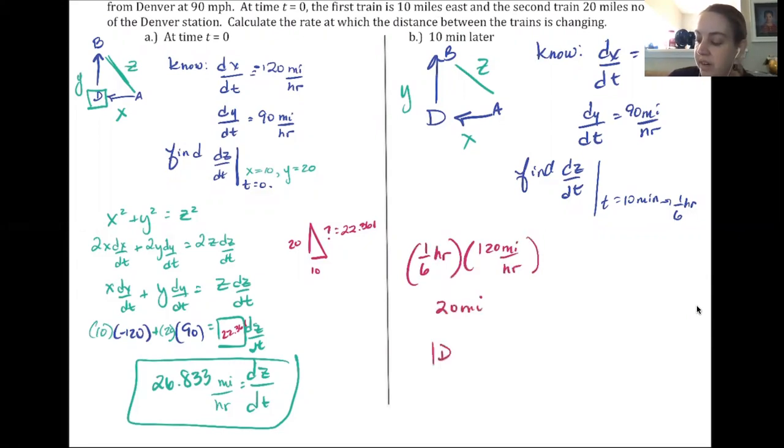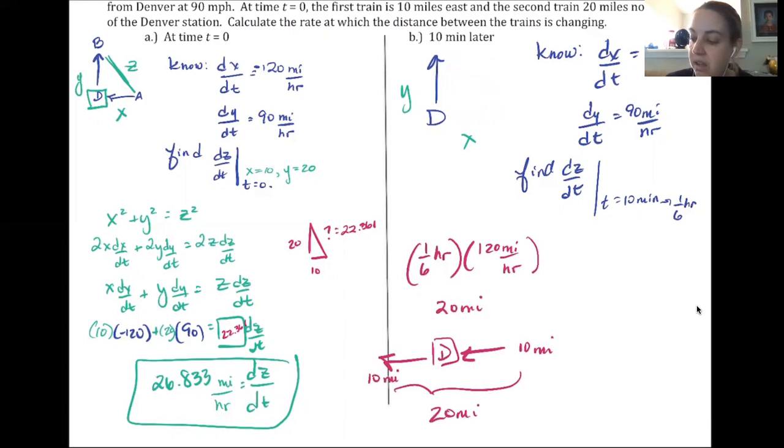So here's Denver. It started out over here 10 miles east and is traveling west. Well, I know for 10 minutes, it's traveled a total of 20 miles. So now it's over here. So if this whole distance is 20 miles west, it's now 10 miles west of Denver. So this isn't actually what my triangle looks like anymore. My triangle now looks like this.